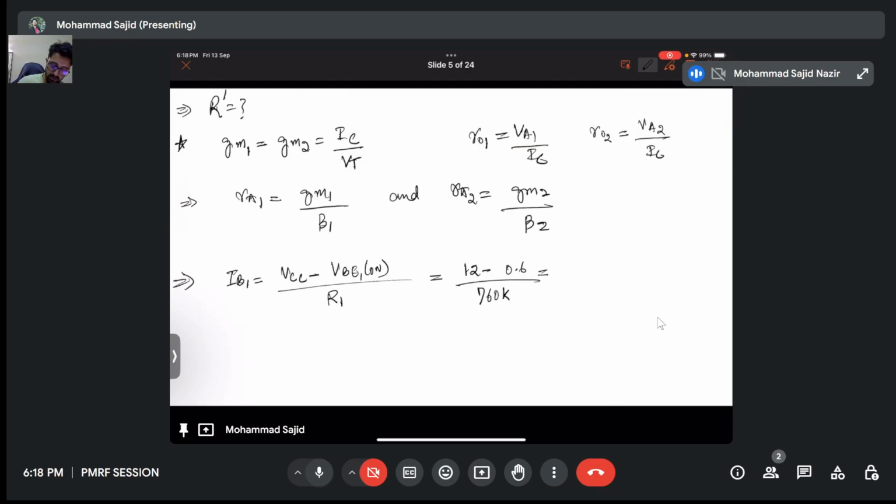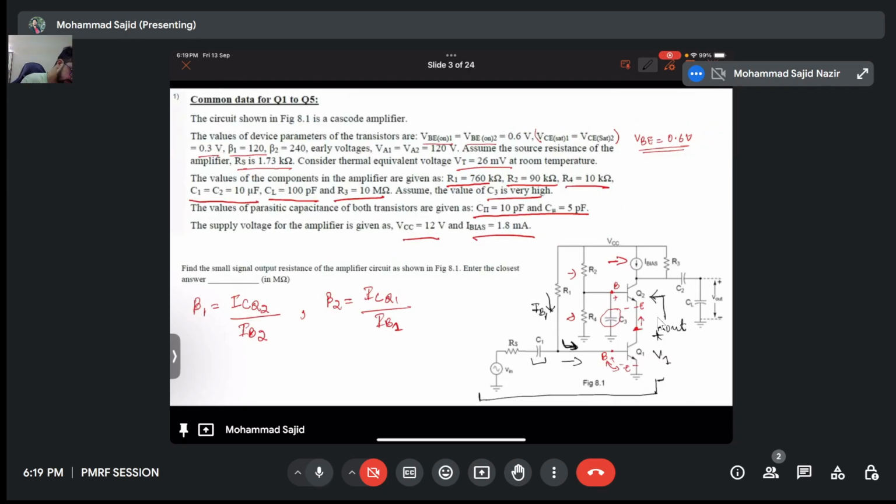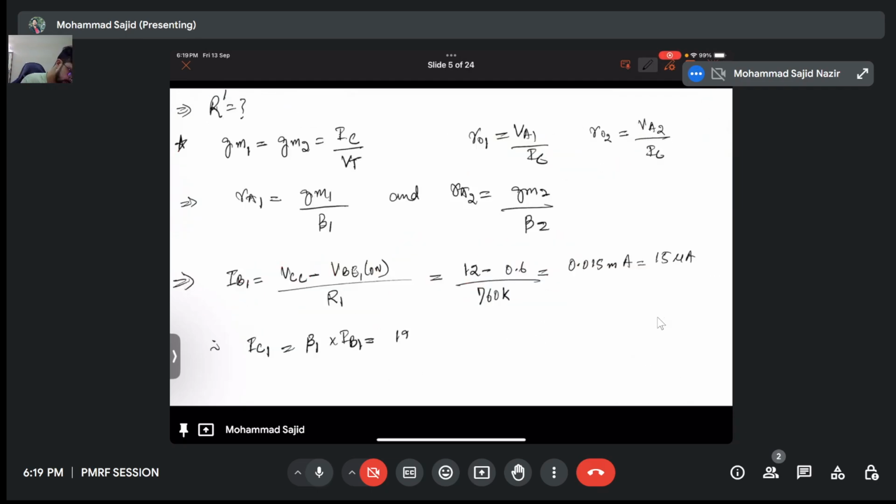If we calculate it, let's use the calculator. It will be 12 minus 0.6 divided by 760 kilo, or 15 microamperes. Therefore, IC1 will be beta 1 multiplied by IB1, and beta 1 is 120 multiplied by 15 microamperes.